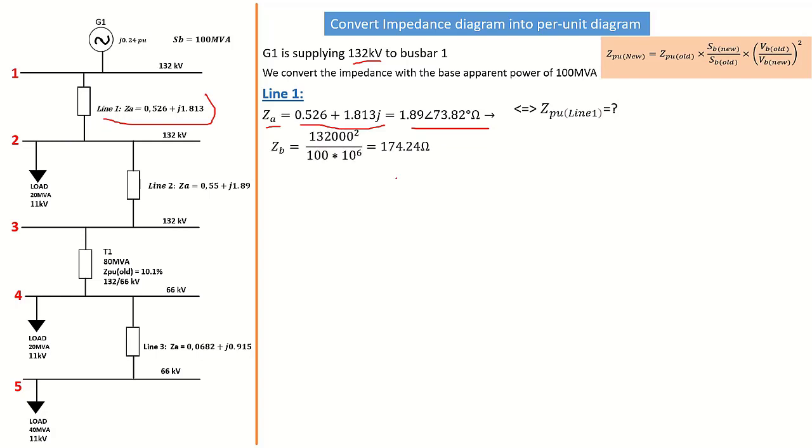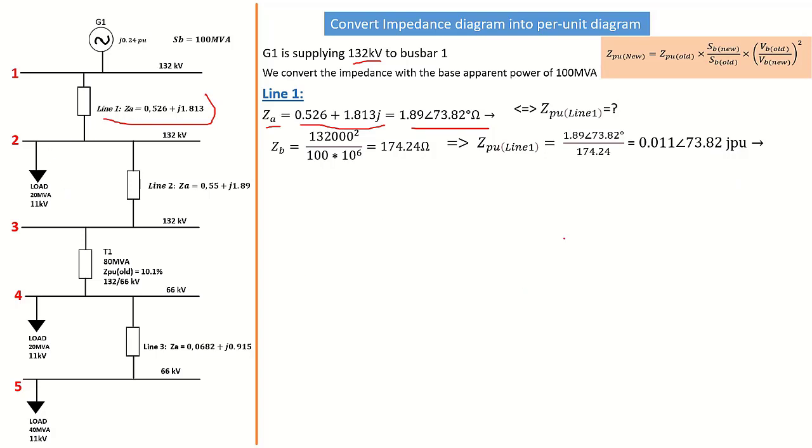Filling up the formula, ZB is equal to 174.24 ohm. Since we already know the value for ZA, we just replace it into the Z per unit formula. That gives us 0.011 with an angle of 73.82 j per unit. So that is now the Z per unit for this line 1.